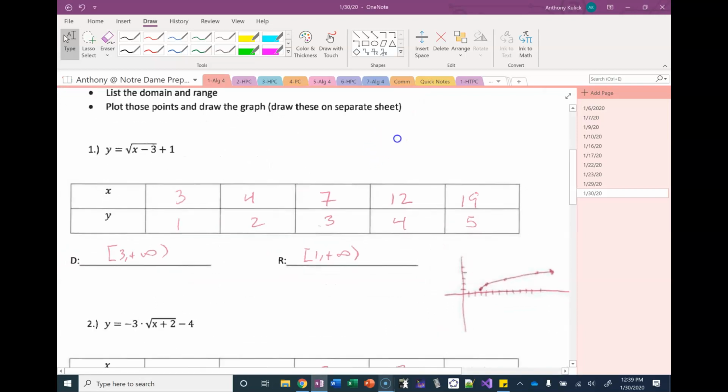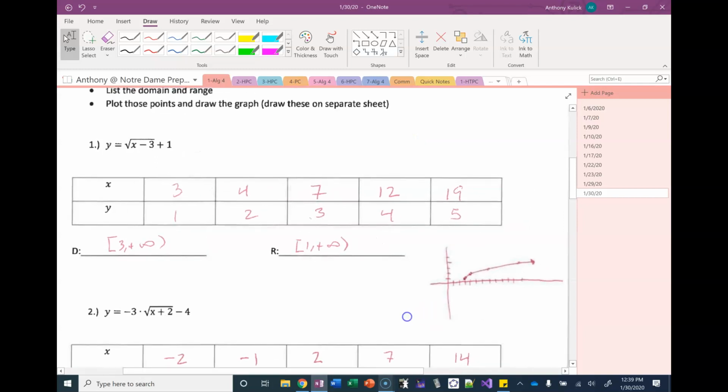So I have there's the tables and the domains and ranges, and then down there to the right, pretty small, is my picture. I'll give you guys a minute here to look at this and kind of check things over. Then I'm going to scroll to the next one.